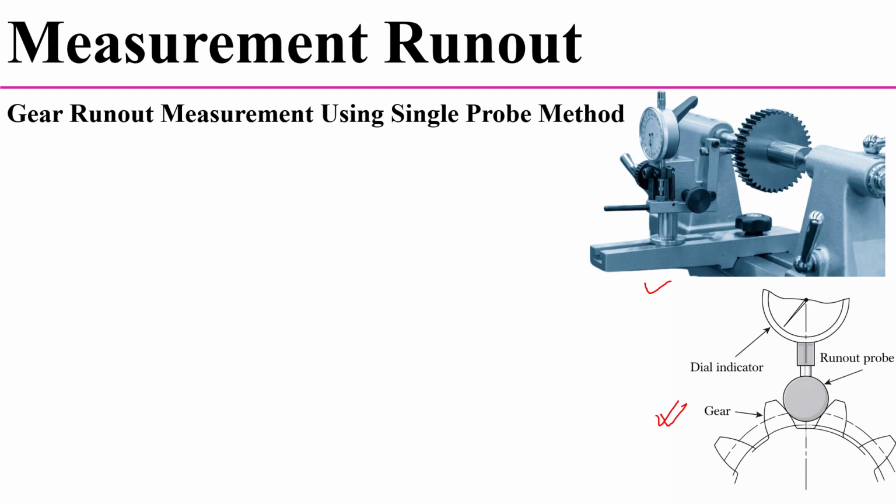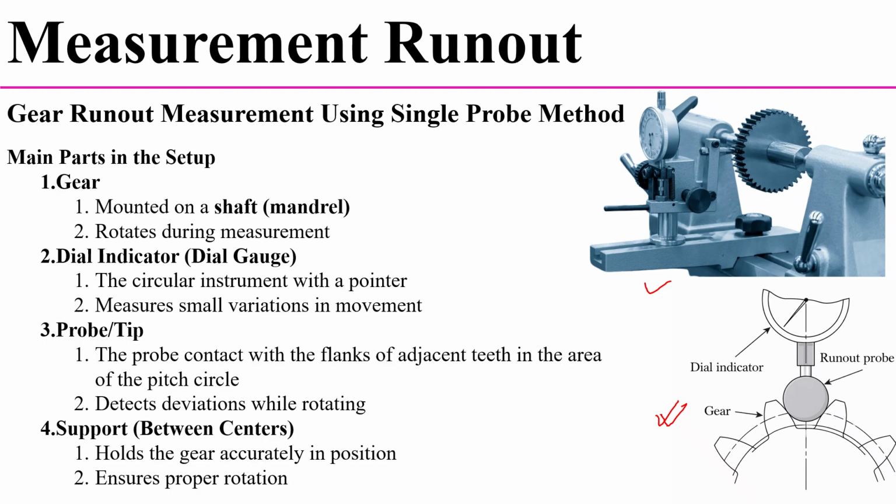First we have to see the construction and main parts of the setup of this single probe method. So in the schematic you have to observe, this method consists of the gear whose runout has to be measured, and it is mounted on a shaft.